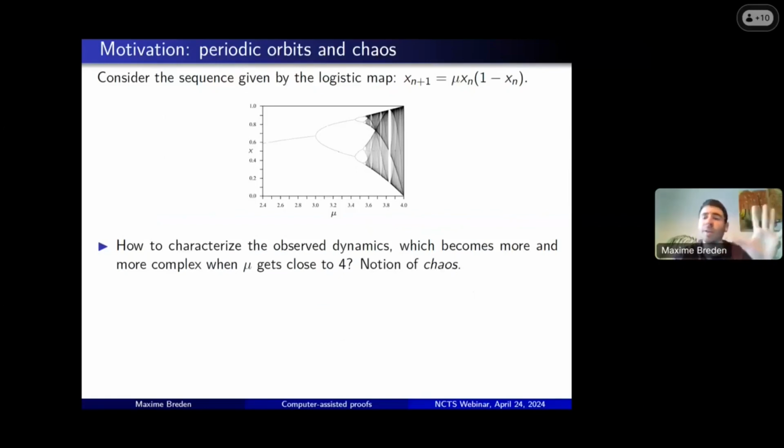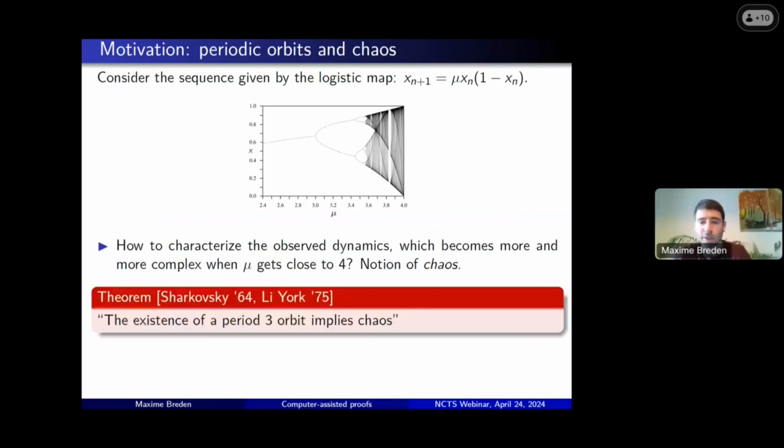The only thing I will be using about chaos here is this very famous theorem, which I've cited not super precisely, which tells you that for any sequence x_{n+1} = f(x_n), where f is just a continuous map from an interval into itself, if you find one orbit which is of period 3, then you have in some sense chaos.